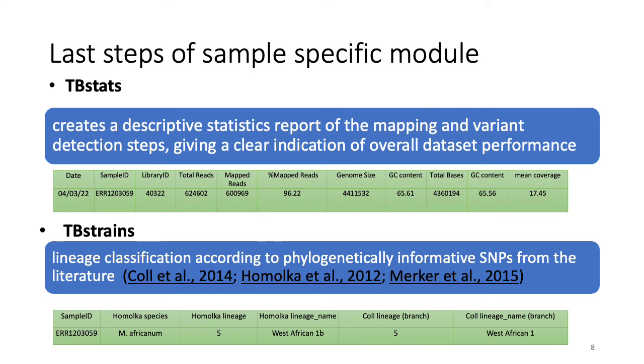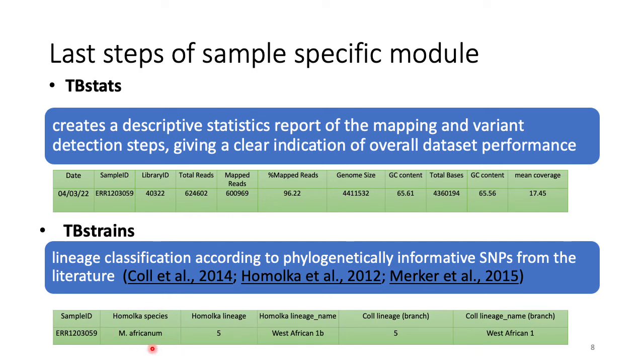With this classification made by MTBseq, you can see that this sample, which had low coverage, was still possible for MTBseq to classify.